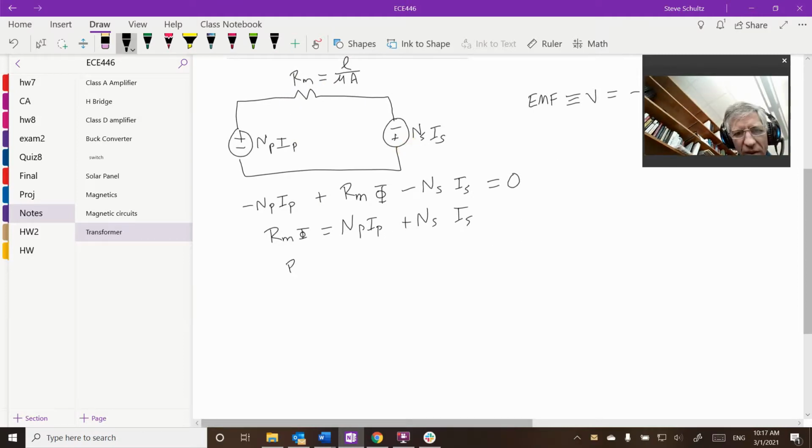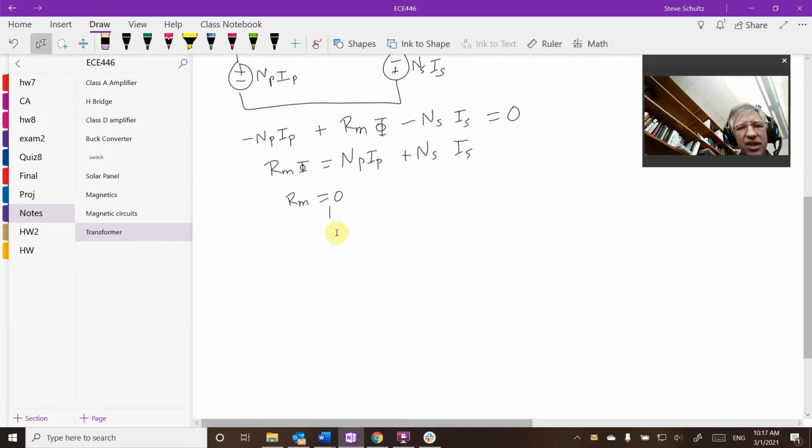Typically, we are going to look at Rm equal to 0. So we're setting our reluctance equal to 0, and then we have N primary times I primary plus N secondary times I secondary equals 0, which is my circuit. Now we can look at our flux and go back to Faraday's law.